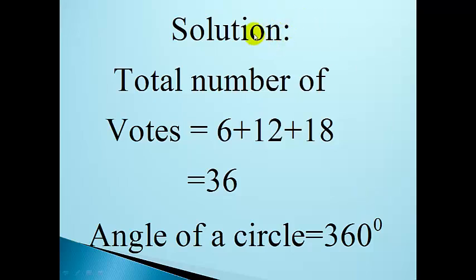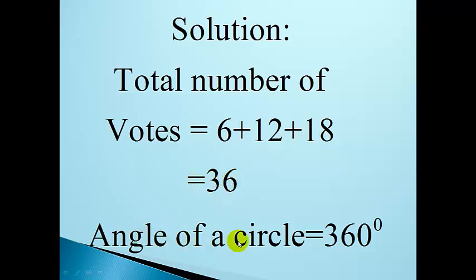Now, solution. The total number of votes is equal to 6 plus 12 plus 18. That's the total frequency from the table. So the total number of votes is equal to 6 plus 12 plus 18, and it's equal to 36.